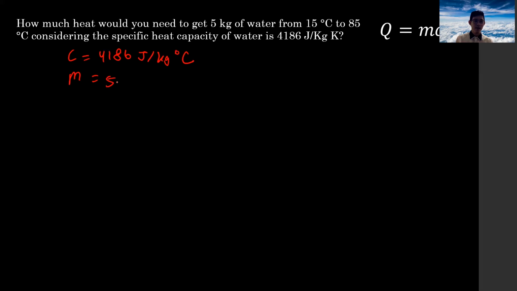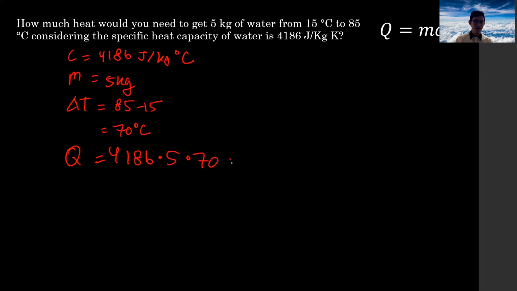The mass is 5 kilogram. The difference in temperature is 85 minus 15, which is 70 Celsius. So we get the total amount of heat is 4186 times 5 times 70.